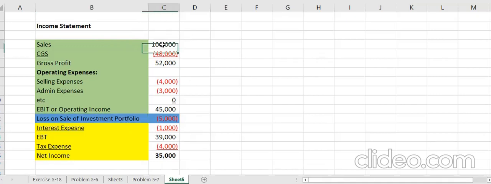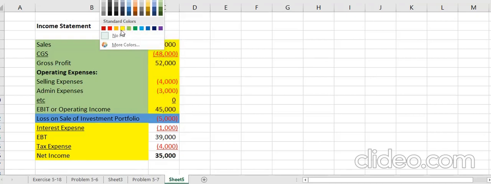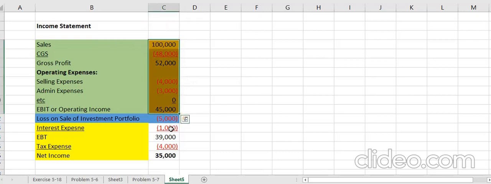And the figures which you see here, in this brown orange mix color, are all fake data. I just wanted to explain 5,000.